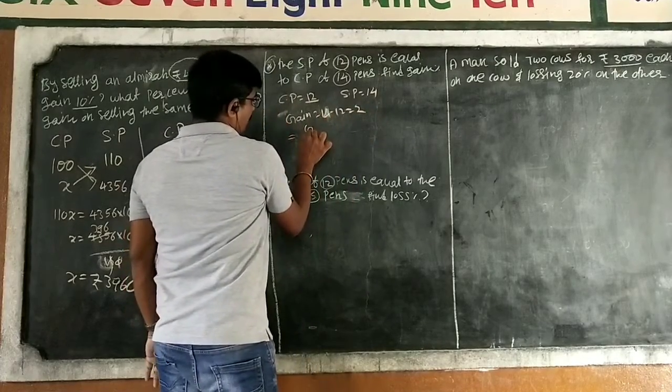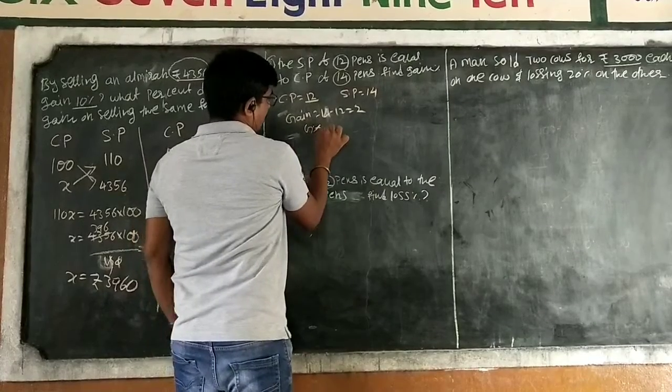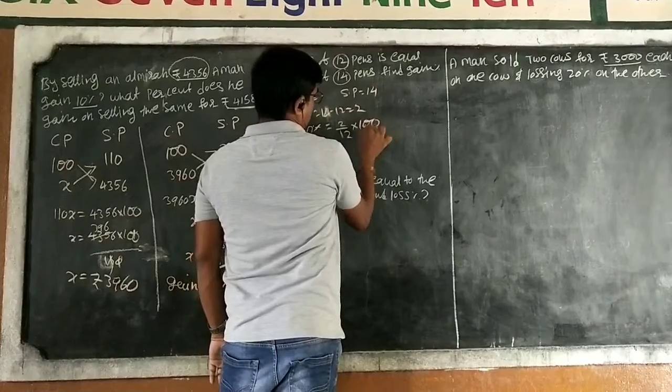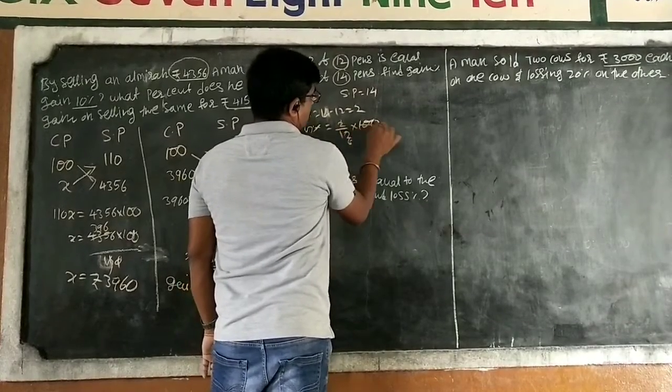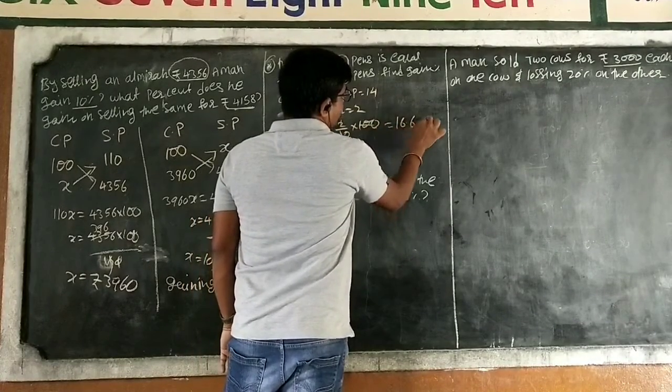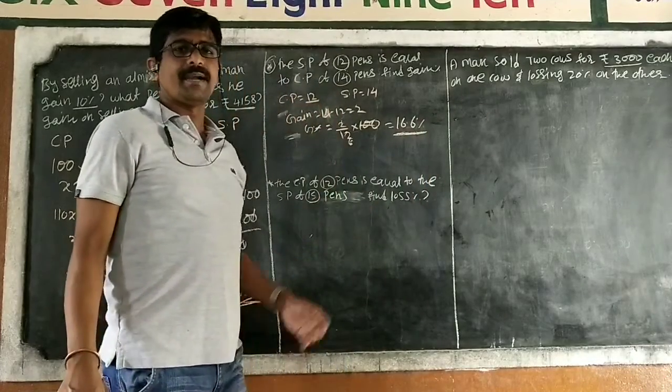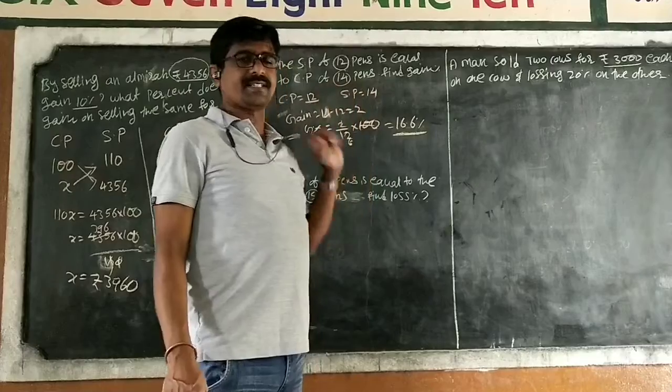So gain percentage is equal to 2 by 12 into 100, that is equal to 16.66 percentage.